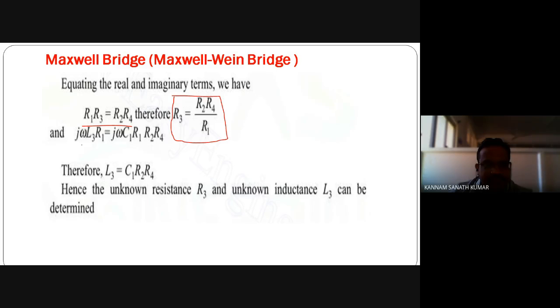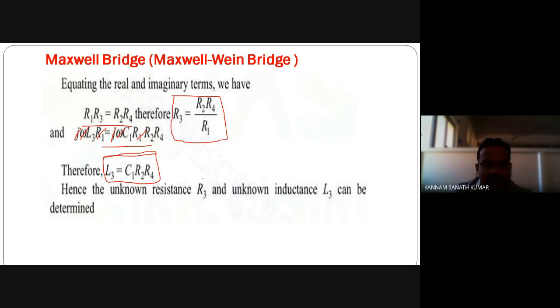Next, the imaginary part: j omega L3 R1 equal to j omega C1 R1 R2 R4. So j gets cancelled, R1 gets cancelled, and omega is cancelled. So L3 equal to C1 R2 R4. So this is the inductance.